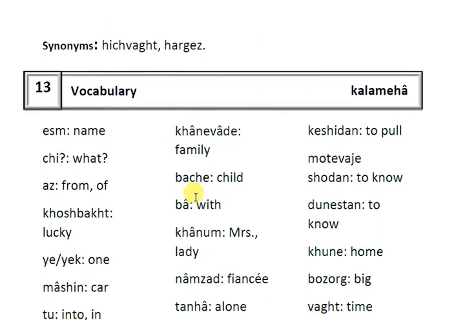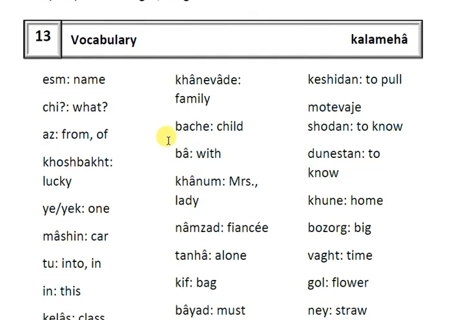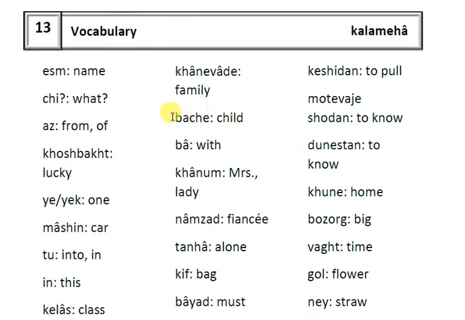Okay, the last part of each day is some vocabulary: the vocabulary that we use in the lesson or vocabulary related to the topic that we need to know. Let's take a look at them.